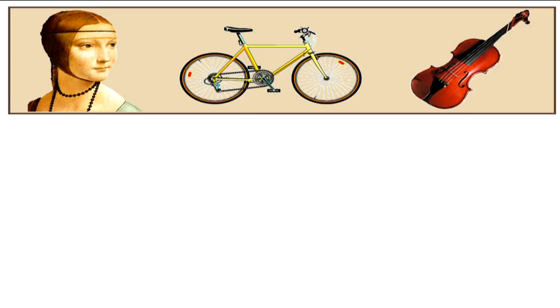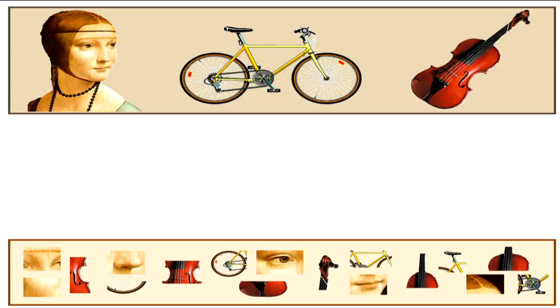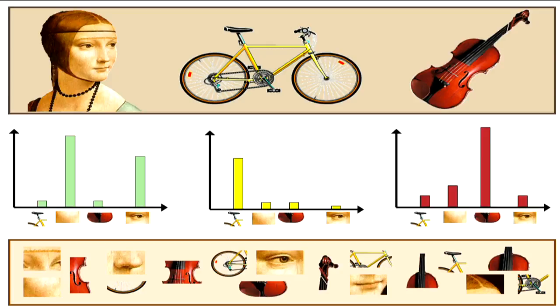So we want to do the same thing for visual imagery. We somehow define pieces of the visual world to be what they call visual words. And in the same way as with text, you can compute a histogram for each image over the different visual words.